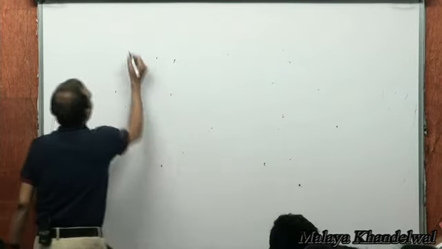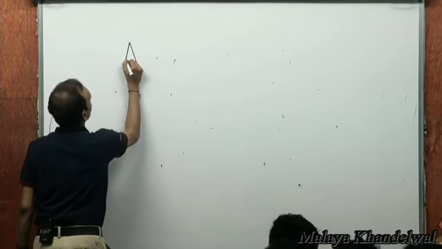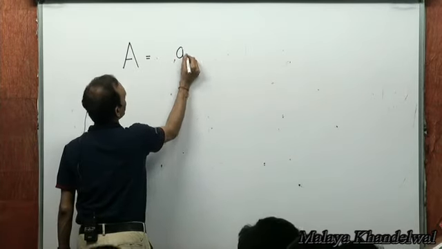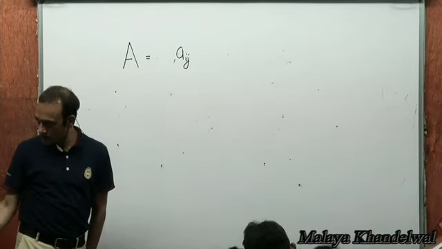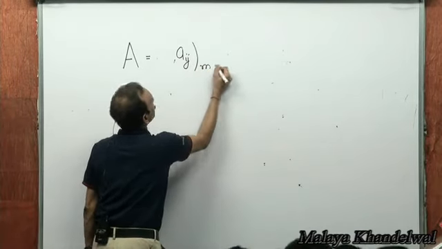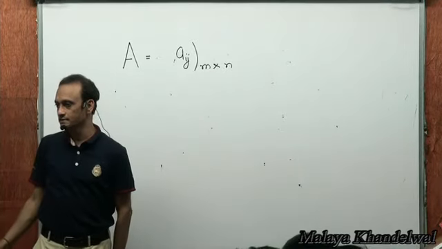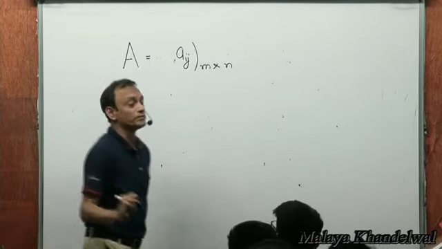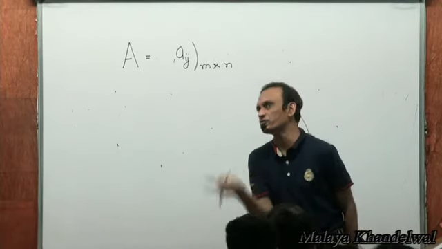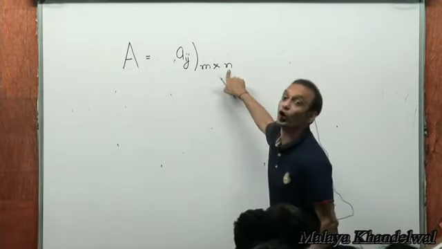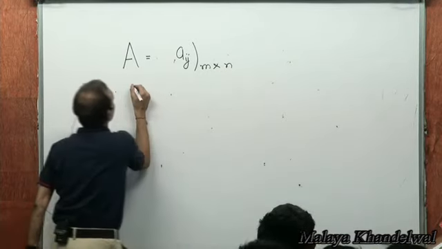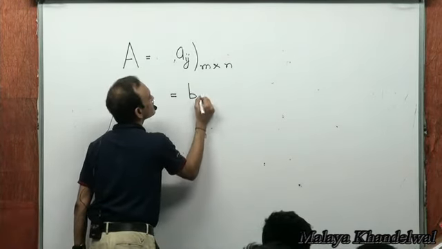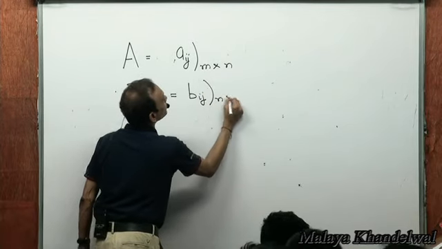So, if I have a matrix A, which is represented by, say, Aij as its representative element, and it has m rows and n columns, then it could only be multiplied with another matrix whose rows are equal to the number of columns of A. A could only be multiplied with another matrix B, whose representative element is, let's say, Bij, and it must be of the form n by p.